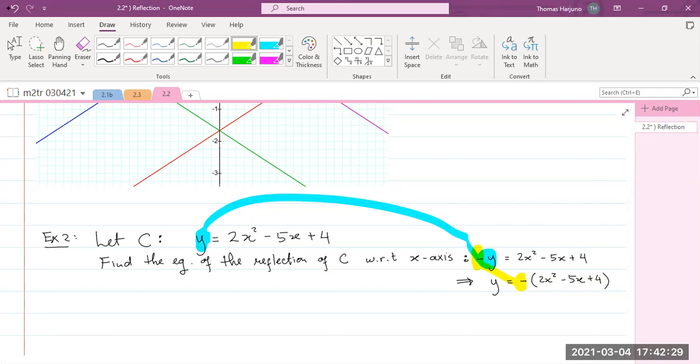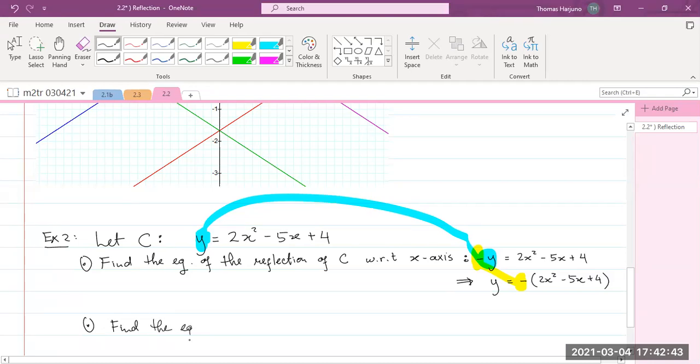You apply the negative. Now, what happens if we want to find the equation of the reflection of C, curve C, with respect to y-axis?